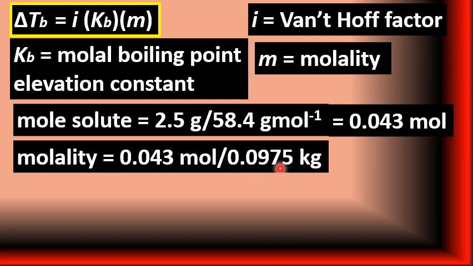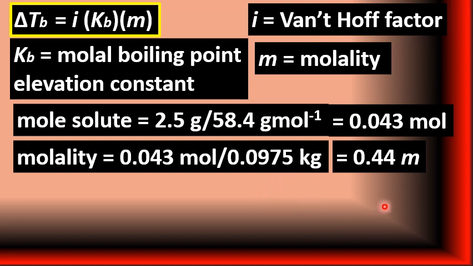This is the mass of the solvent expressed in kilogram. So we will get the value of the molality equal to 0.44 molals. Small letter m is read as molals, which also means moles per kilogram.